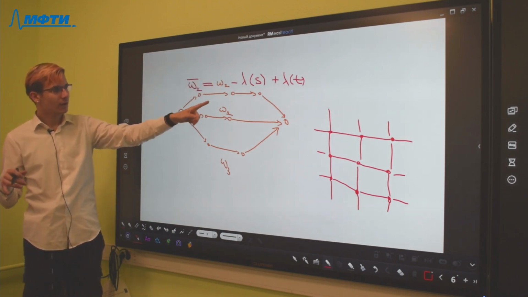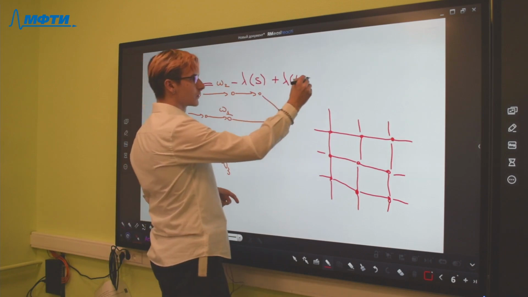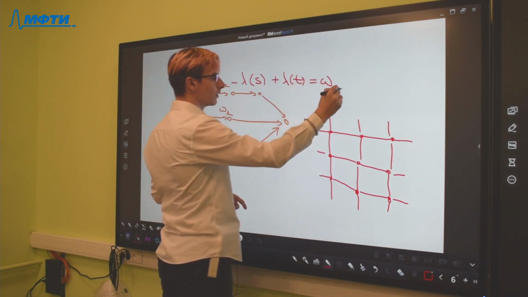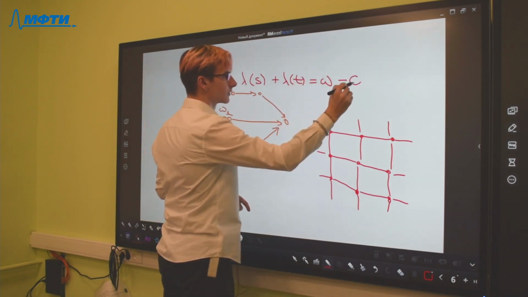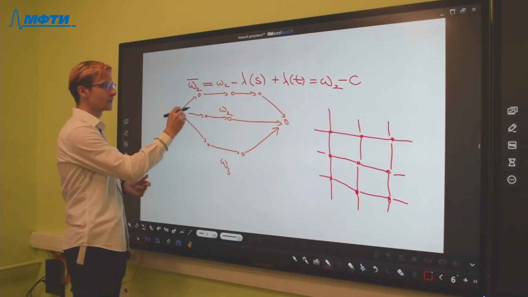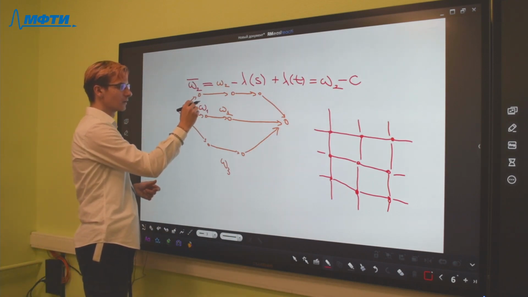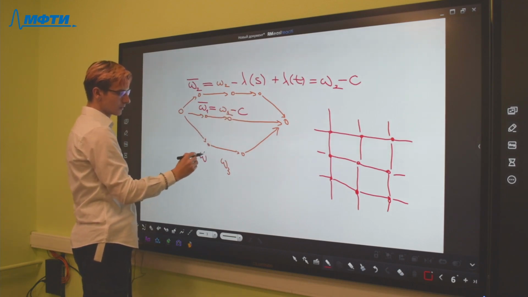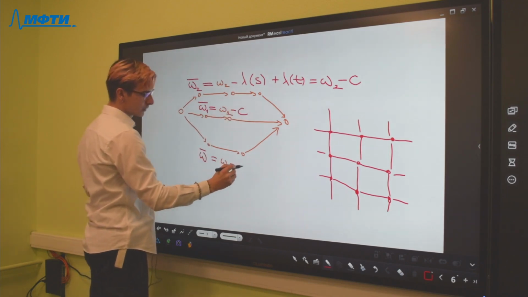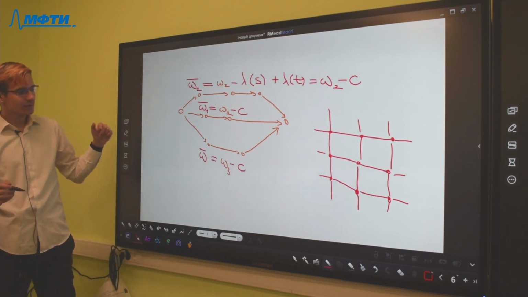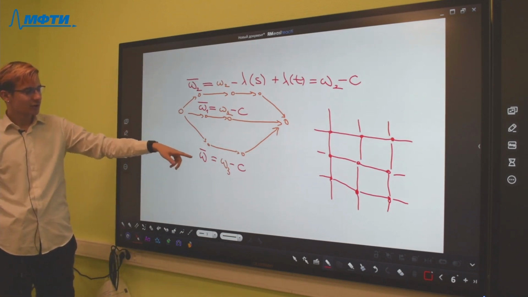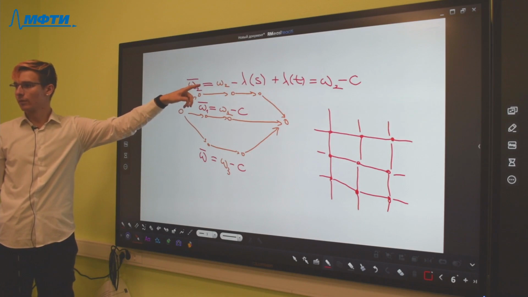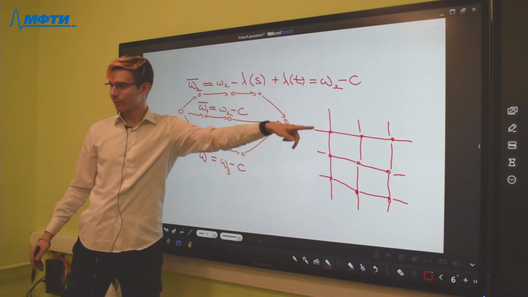Then you can see that the new weight is equal to W minus some constant, and it will be equal to this, and this. Then we can say that we change all the weights with the same constant.